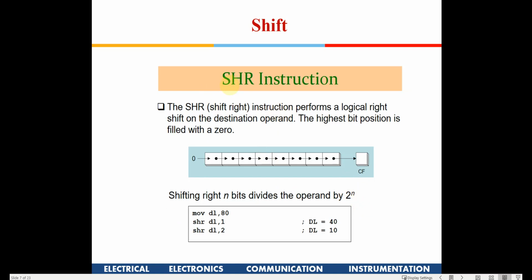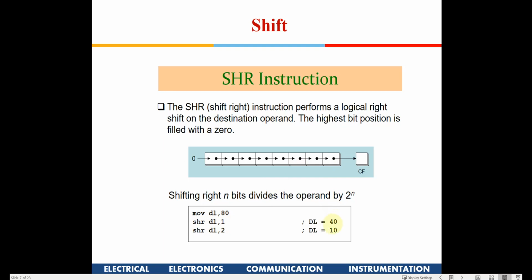Okay, and then you have something known as shift right. In this again everything will be shifted towards the right. So whatever was the content of the LSB gets into the carry flag. Okay, so that is known as shift right instruction. You can write like move DL, 80, right? So this is the data which is pushed into the DL, and then shift right by 1, it will move it.